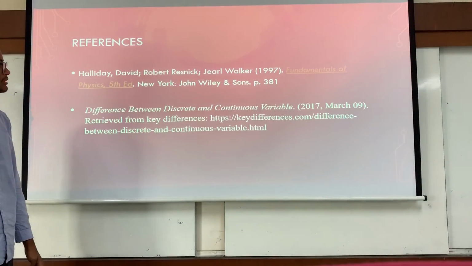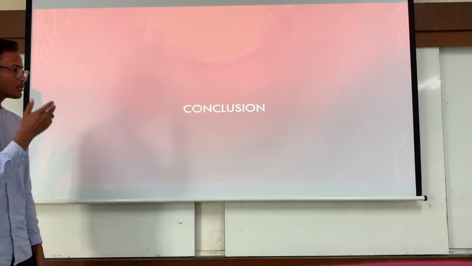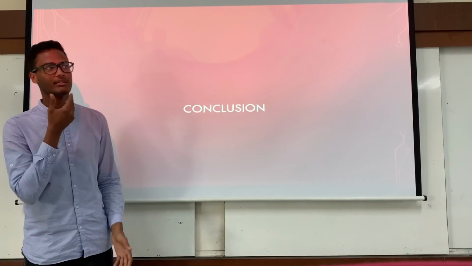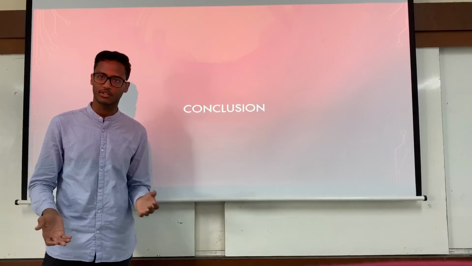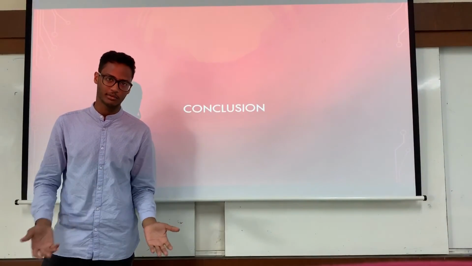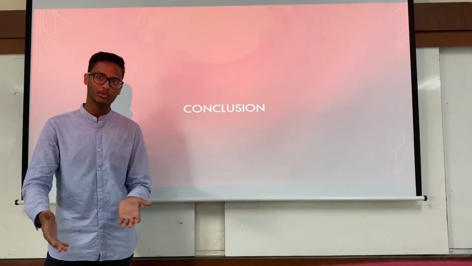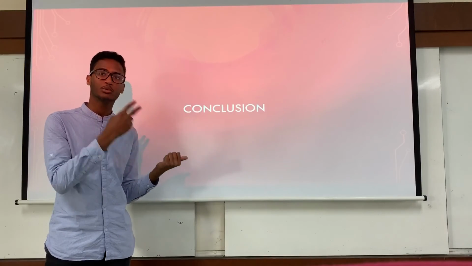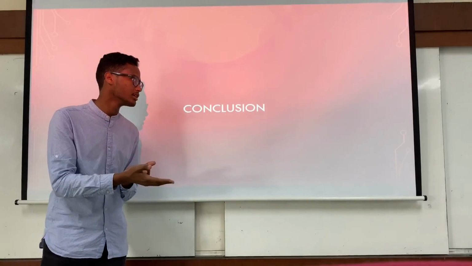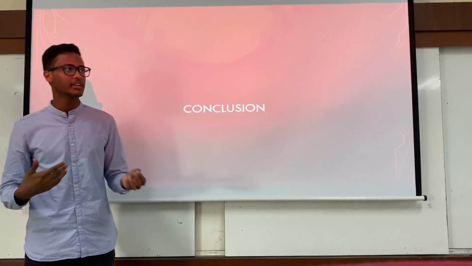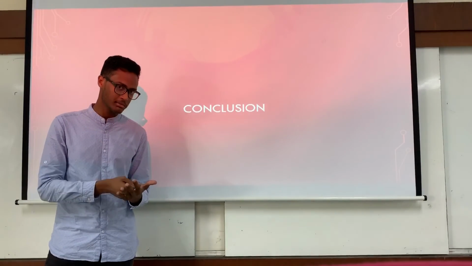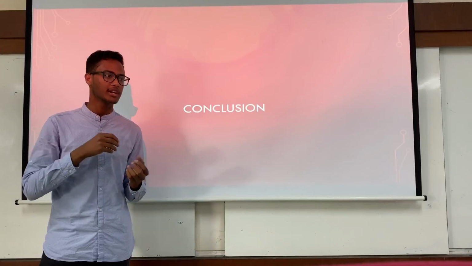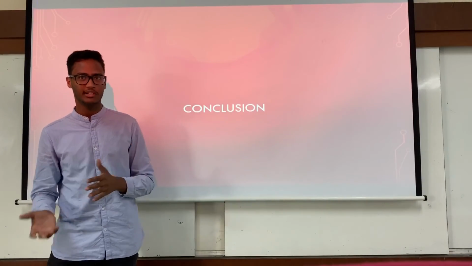Okay, next. In conclusion, first of all, we started to describe and get the definitions of discrete and continuous variables. We related them to our two experiments, two parts of the experiment. Then we went to the explanation of the experiment and how we did it, and our challenges.